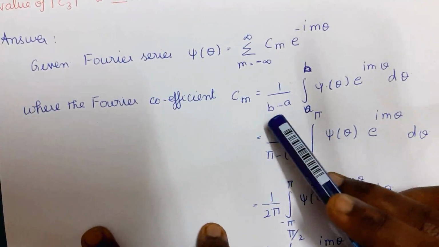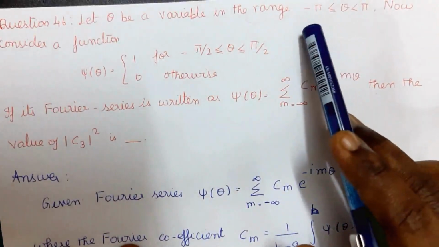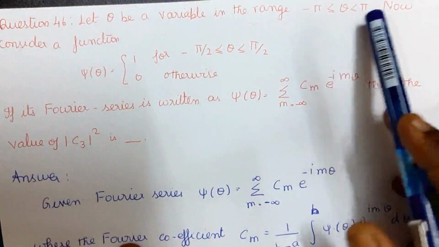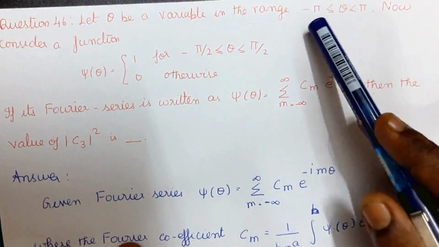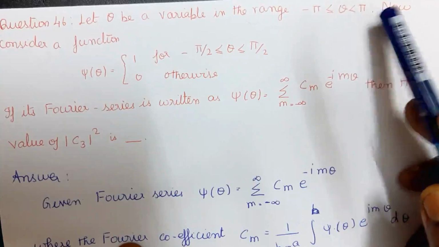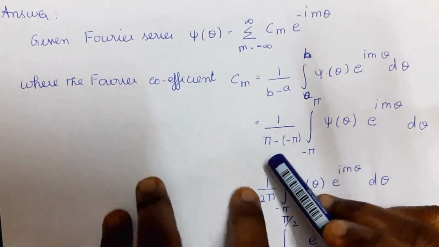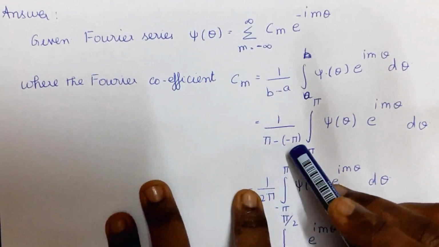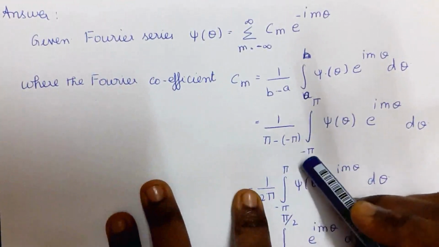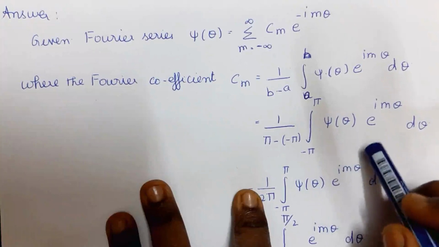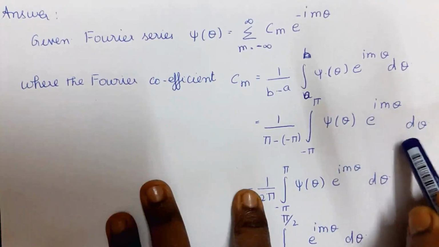Now substitute the values of b and a. In the question they have given the range from minus pi to pi. That is, a will be minus pi, b will be pi. So substituting, 1 divided by pi minus minus pi, integral from minus pi to pi psi of theta e power i m theta into d theta.